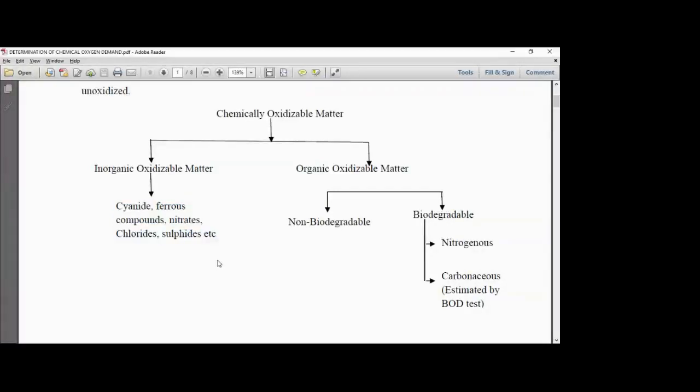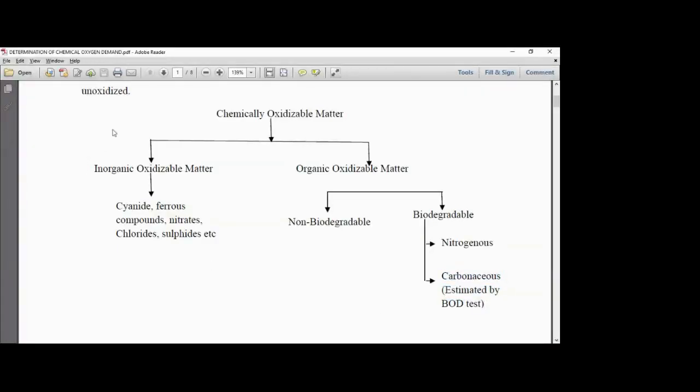Previously, when we were dealing with the BOD, our oxygen demand was only related to what I have highlighted, that is the carbonaceous organic compound that was estimated by the BOD test.